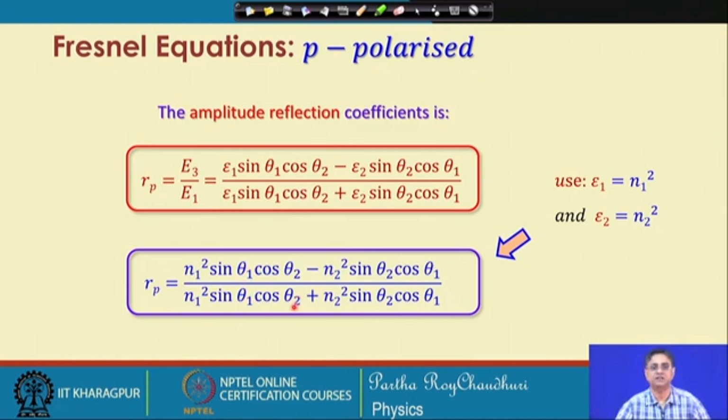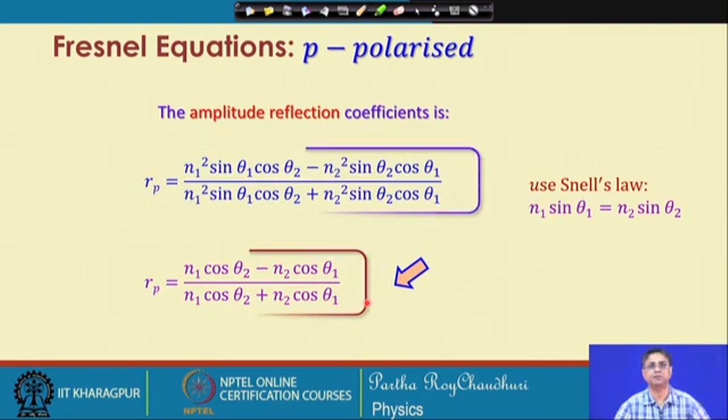So, these are the things which are going to decide the amplitude reflection coefficient. So, it primarily depends on the refractive indices and also the angle of incidence, which yields the angle of refraction also, because they are connected by the refractive indices properties.